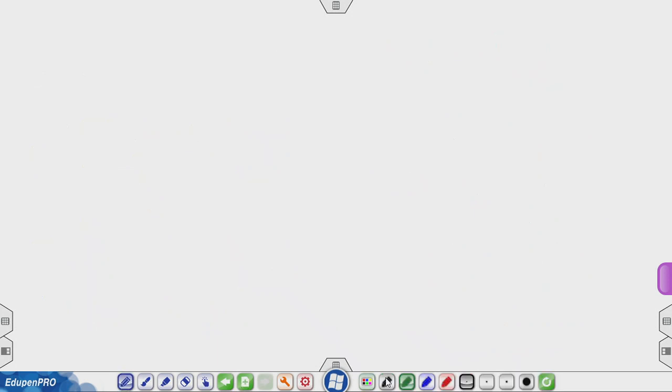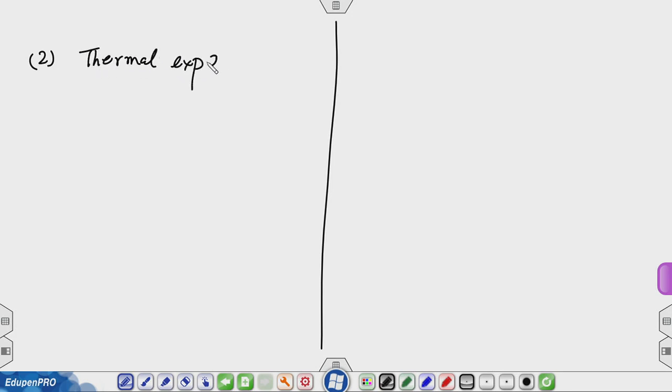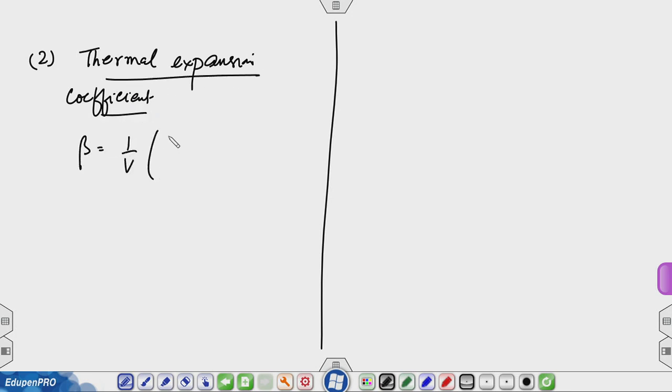Similarly, you can talk about other derivatives. So, next we are going to talk about the thermal expansion coefficient, which is beta equals 1 over V dV/dT at constant pressure. Now, if I can relate this to entropy change, then I can show that beta is 0, and that relationship is given by Maxwell's relation.